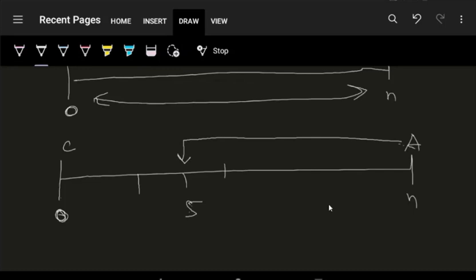Then the amount at time 5 would be the same as if I had started with C at time 0 and accumulated for 5 years.